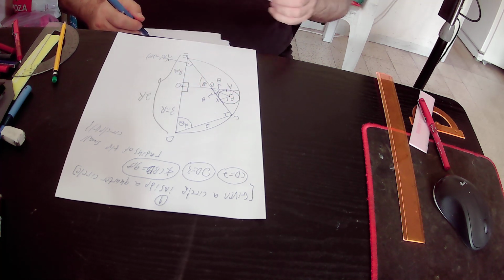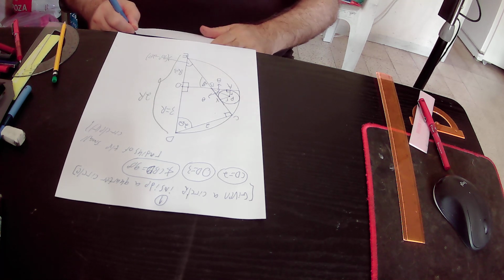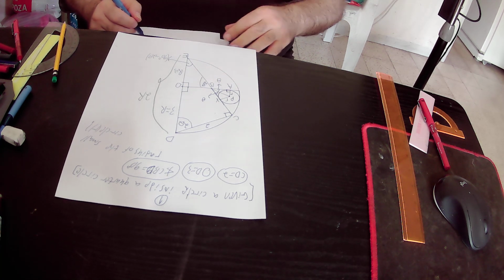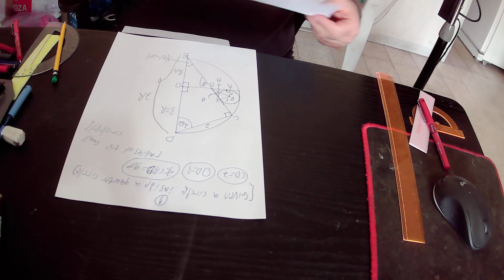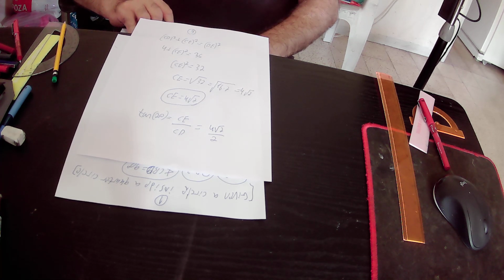But we have already found out that CE equals 4 times root 2, and CD equals 2 units. It is given in the question. So in total, tangent 2 theta equals CE over CD, with CE equal to 4 times root 2 and CD equal to 2.